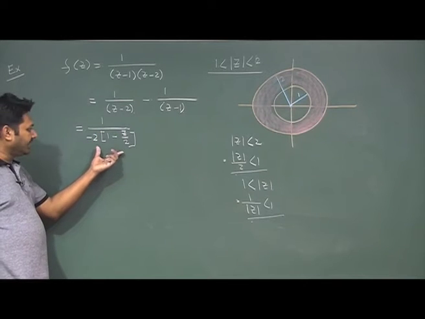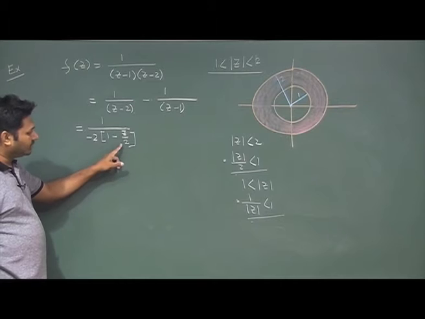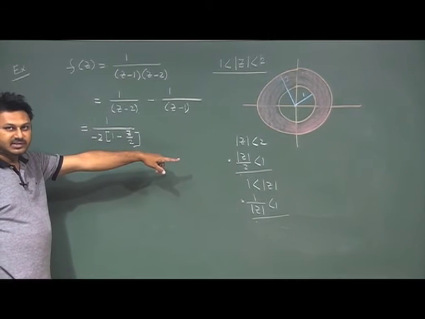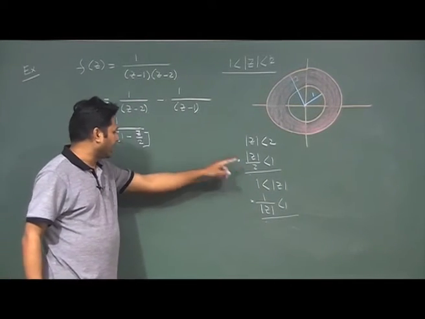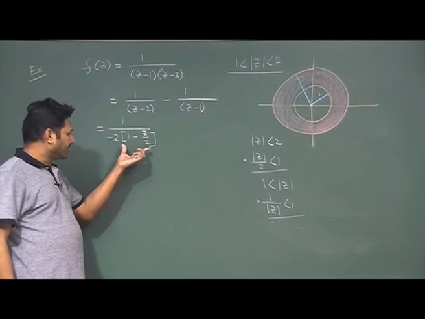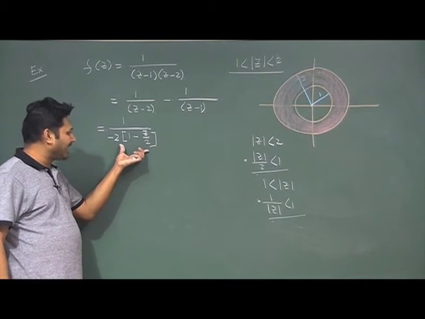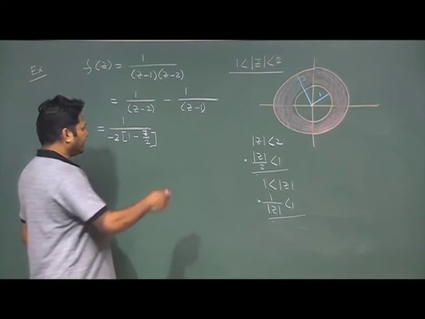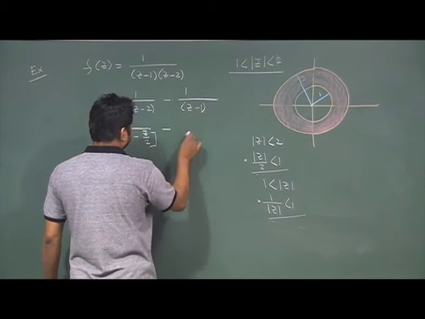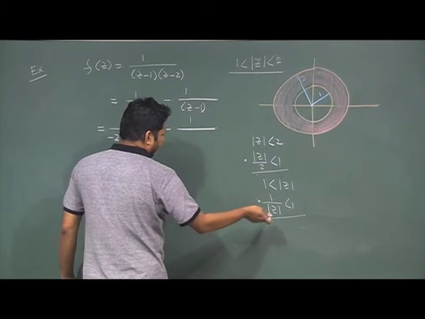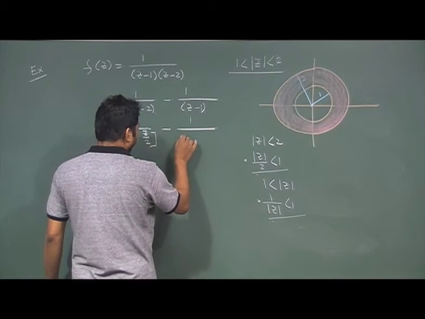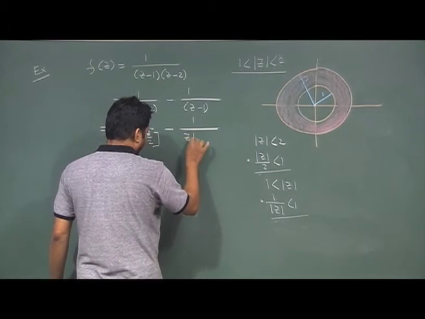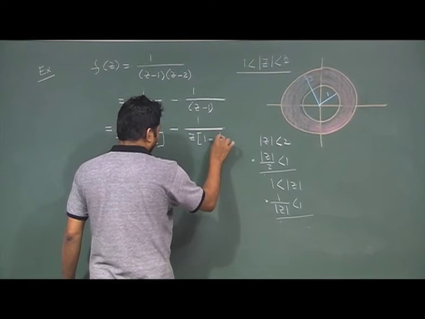I just divide so that I can have the term z by 2, because my condition suggests mod of z by 2 is less than 1. That means I have the opportunity to expand this in some series. In the next case also, it is 1 by z. So, I will take z common and it will be 1 minus 1 by z.